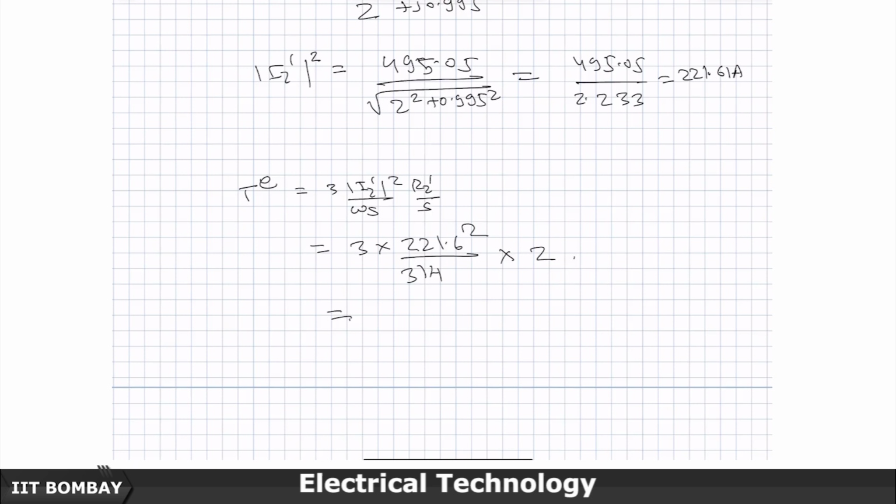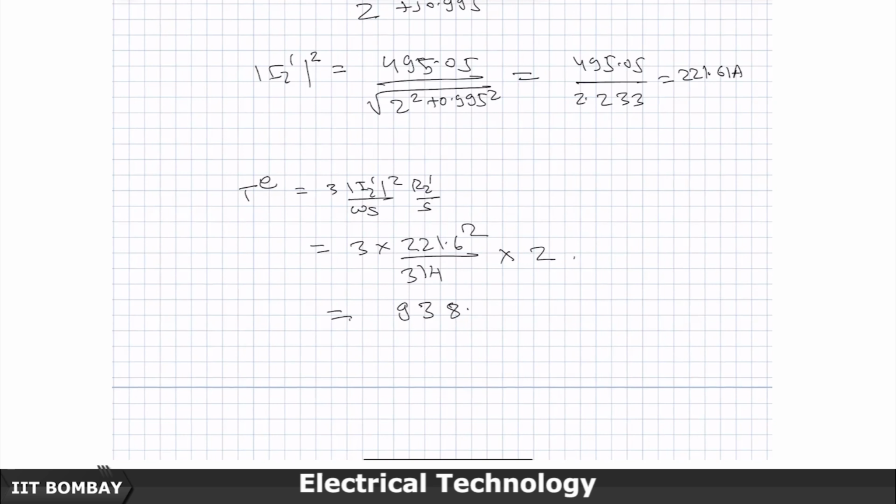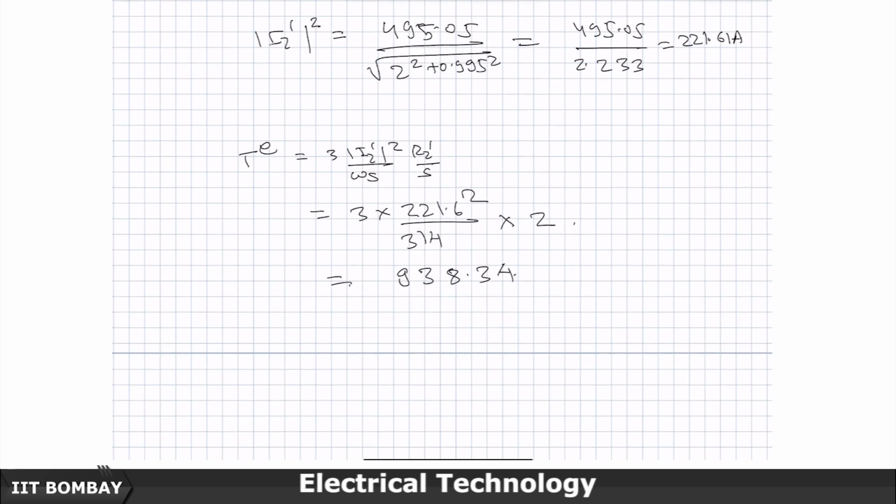So, that is going to come out to be 938.34 Newton meter. So, if the answer is to find the torque at speed at 0.05, then this answer suffices.